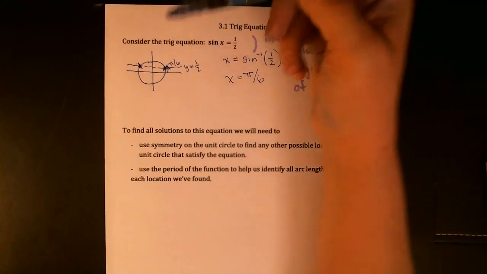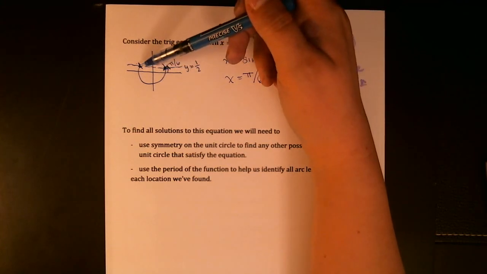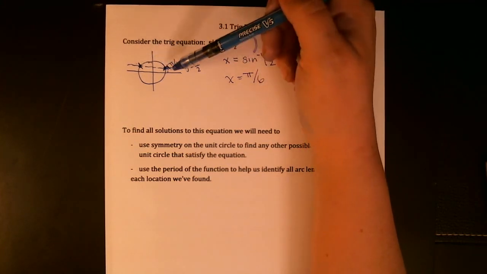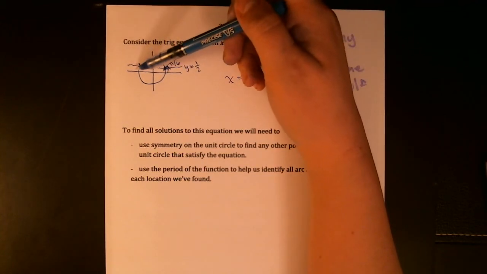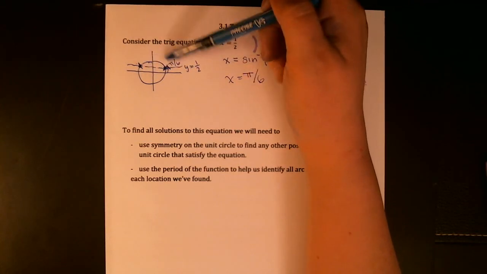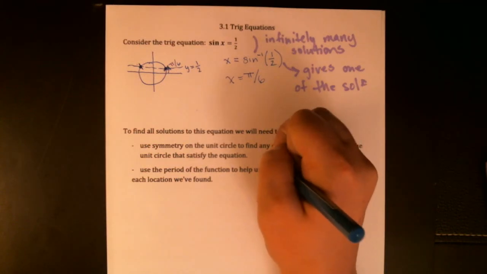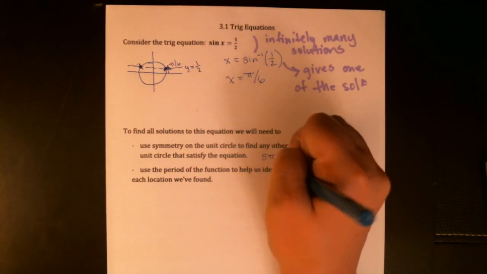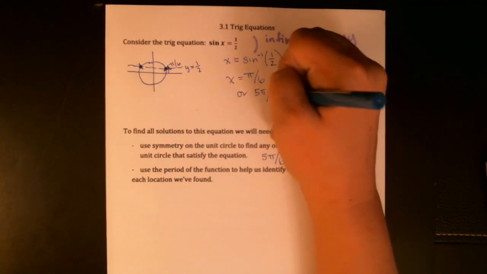Once again, I think it's a little easier with special values, but symmetry is the trick we generally use. If this is pi over 6, then over here we've got pi over 6 from the negative side of the x-axis. So that's pi minus pi over 6, or if you can just spot it, 5 pi over 6 is our other answer. So up here we'll say x equals pi over 6 or 5 pi over 6.